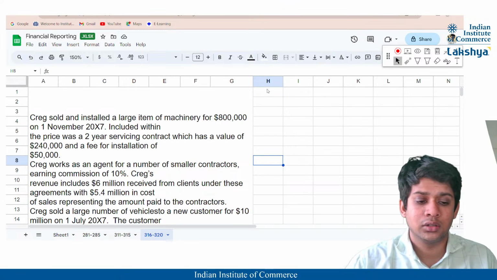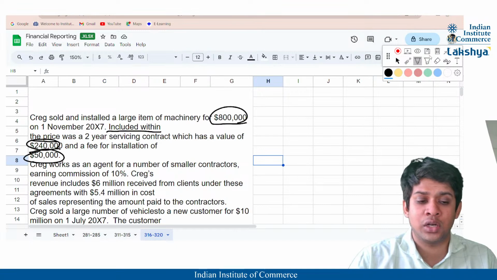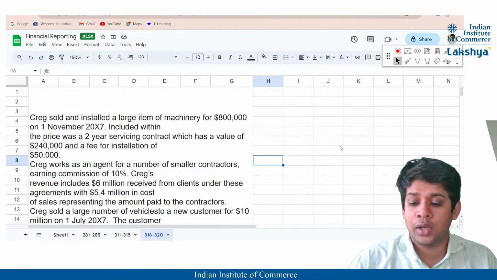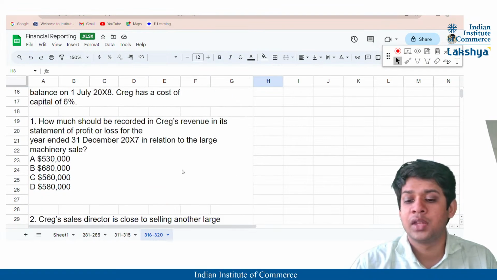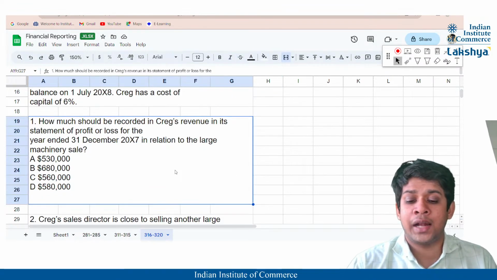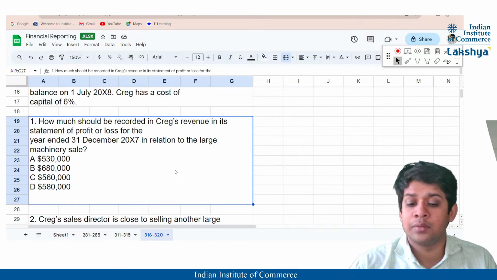Included within the price. So that means 8 lakh includes this 2,40,000 for the servicing and 50,000 for the installation fees. Okay. So this was the first scenario. Let us look at the question related to it. How much should be recorded in Craig's revenue in its statement of profit or loss for the year ended 31st December 2017 in relation to the large machinery sale?